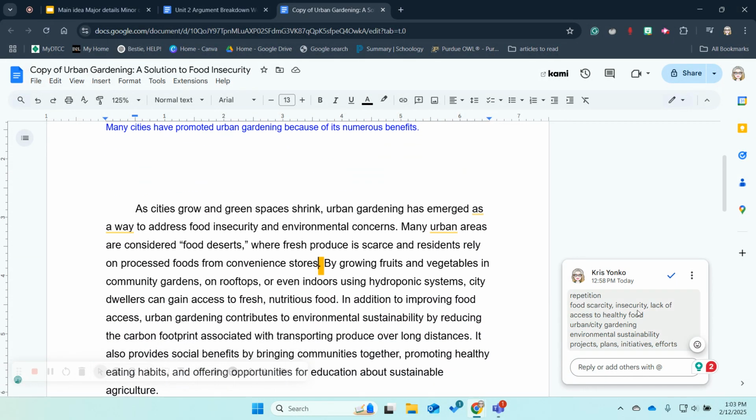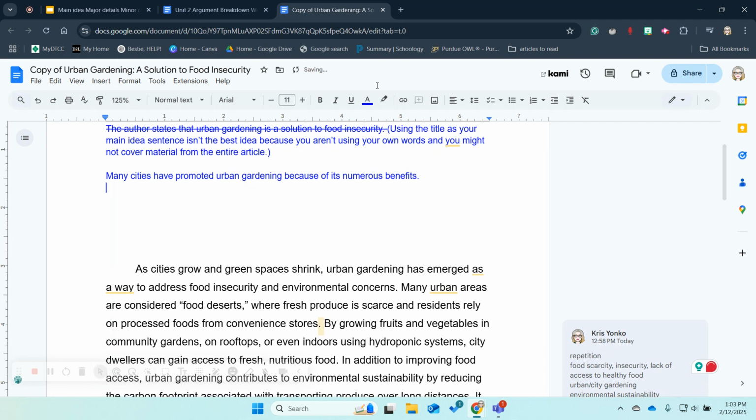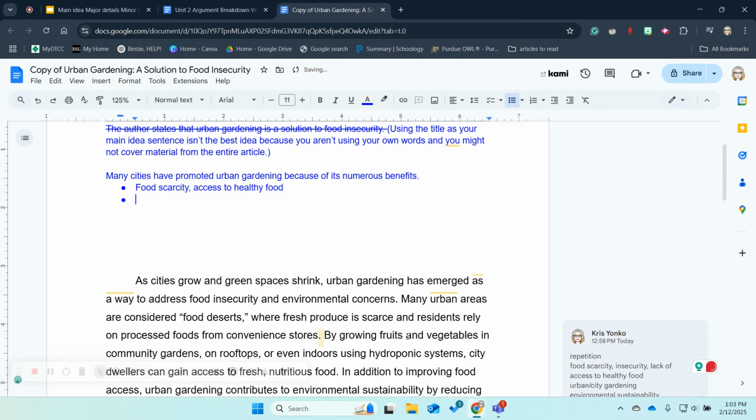Some of the things that we see over here, like food scarcity and lack of access to healthy food, didn't turn up in our main idea sentence, but were still repeated a lot. So I'm going to make that, okay, food scarcity, access to healthy food, one of our possible major details.